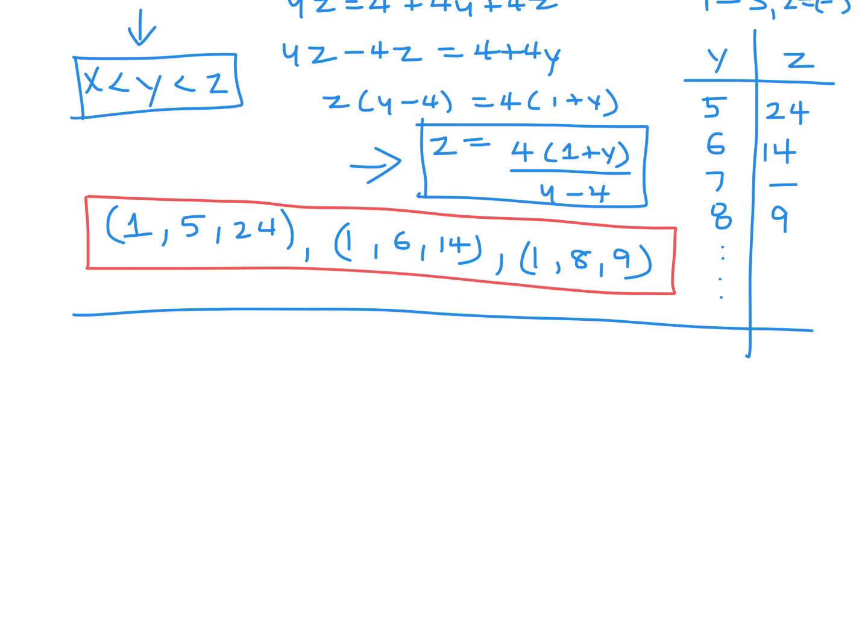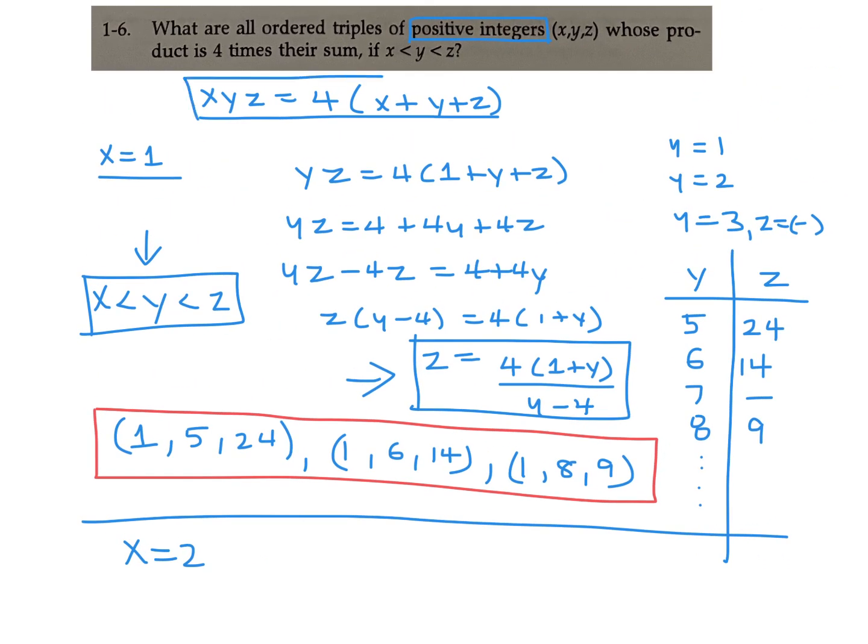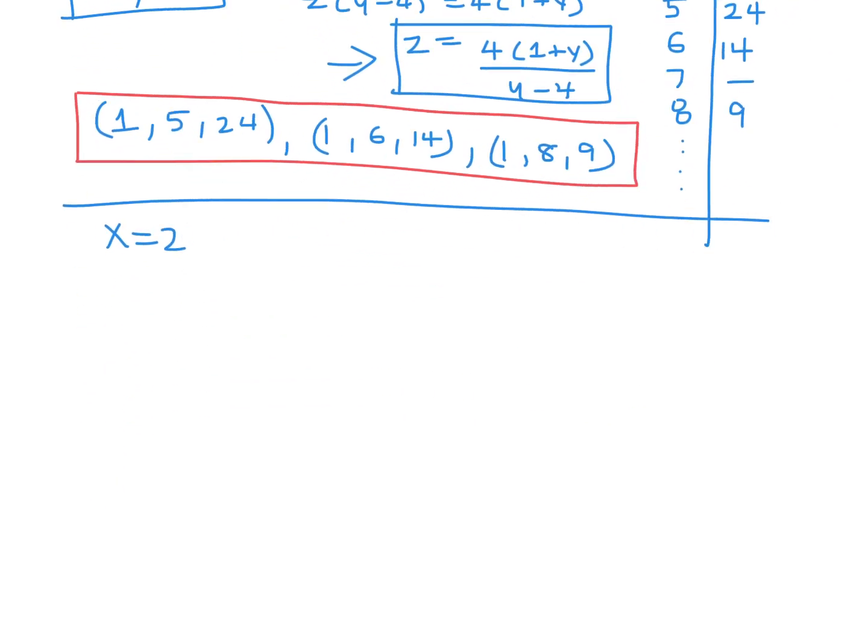Let's keep going here. So we did x equals 1. Now let's do x equals 2. When x is 2, that main equation up here now becomes 2yz is equal to 4 times (2 plus y plus z). And then same thing, just expand this out.